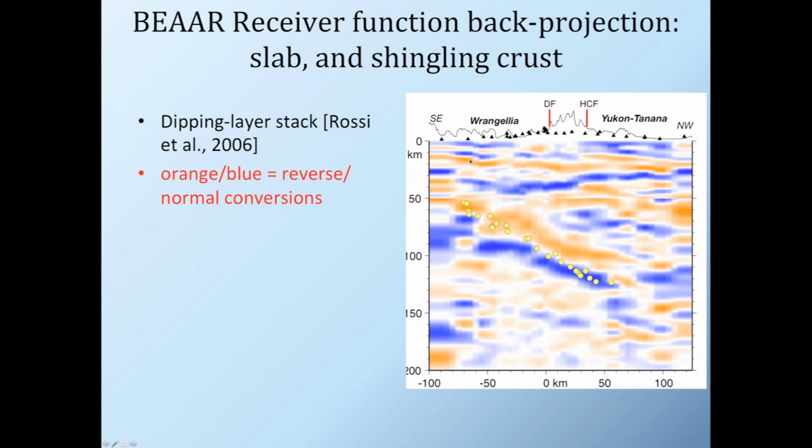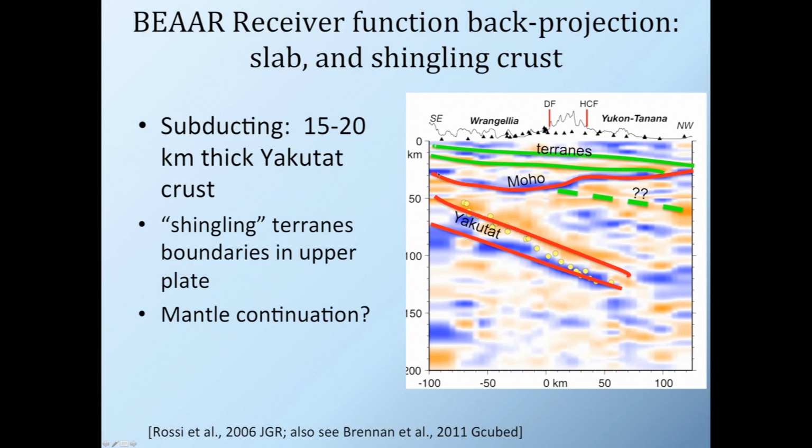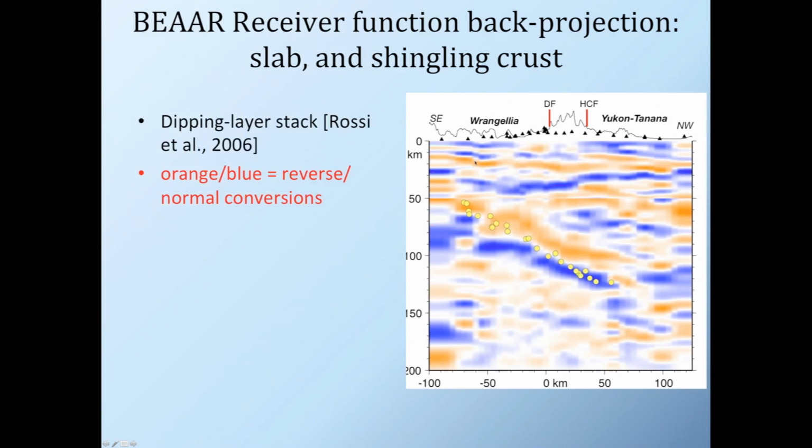What's colored here are positive or negative conversions in this kind of fancy back projection dipping layer that we have, and I'll take these lines off in a second, but just to show you where we're going, we see strong conversions from the upper plate Moho, the top and bottom of the subducting crust, but we also think we see, and I'll back that off here, these in orange, these very low angle detachments within the crust in this receiver function data that suggest dipping terranes.